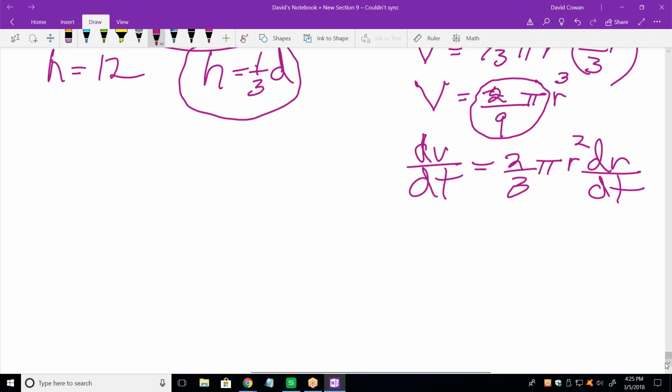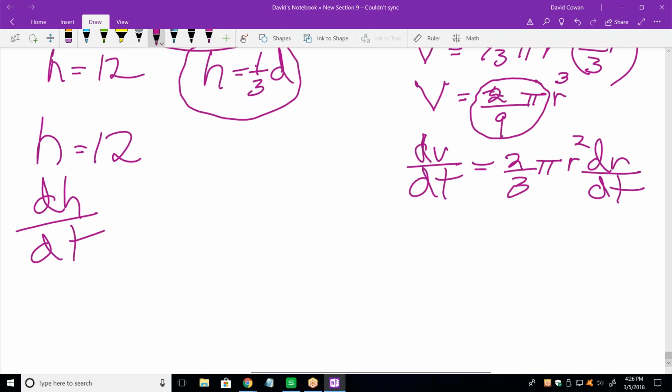Now, what did they ask? They're looking for at what rate is the height of the pile changing when the pile is 12 feet high? Here's what they're asking for, dh/dt.